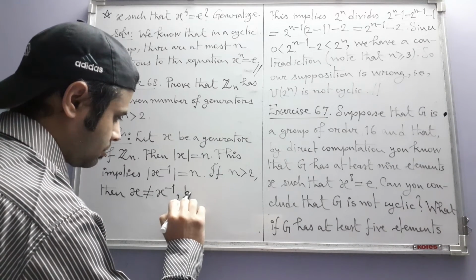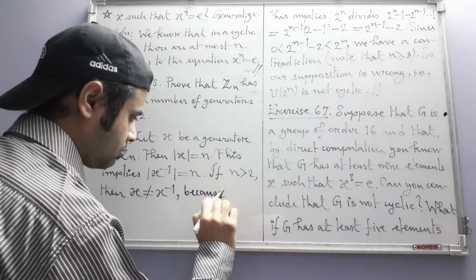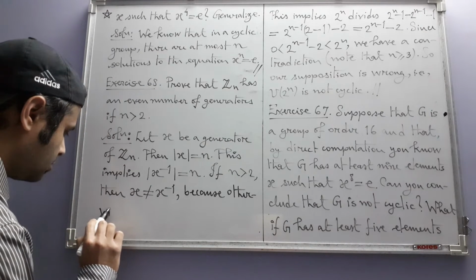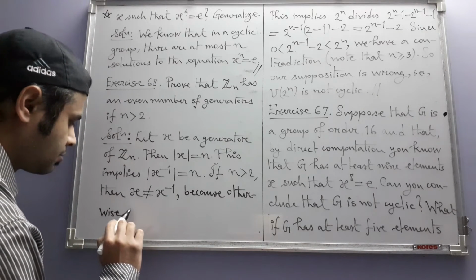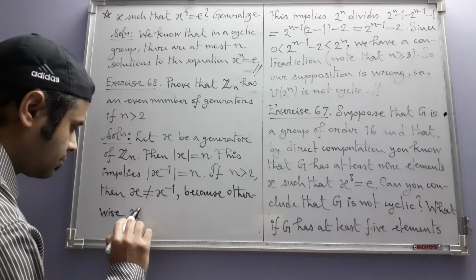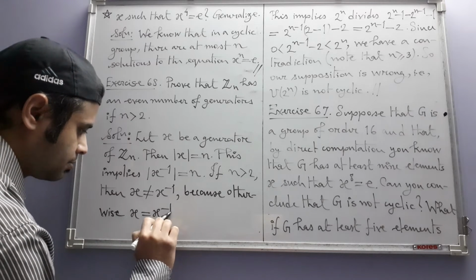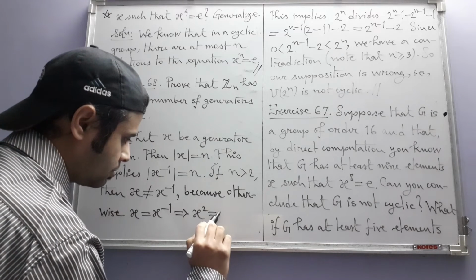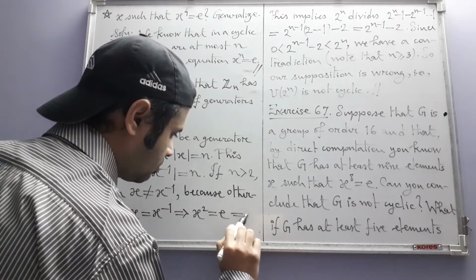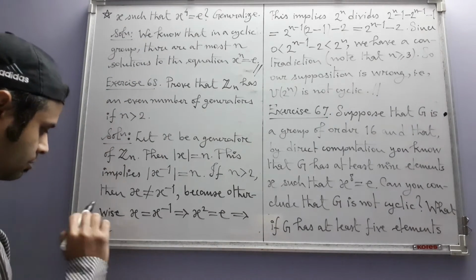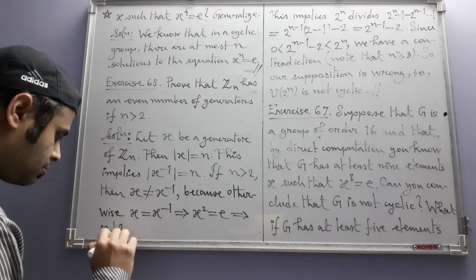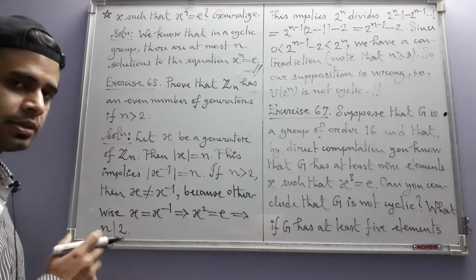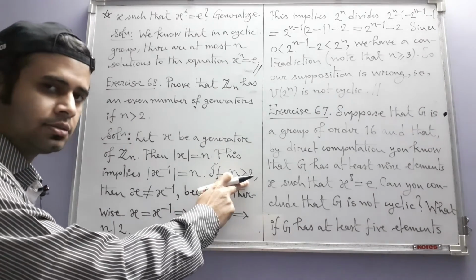Because otherwise X is equal to X inverse, which implies X squared equal to identity, which implies n, which is the order of X, should divide 2, but then n has to be less than or equal to 2, but here it's given that n is greater than 2.